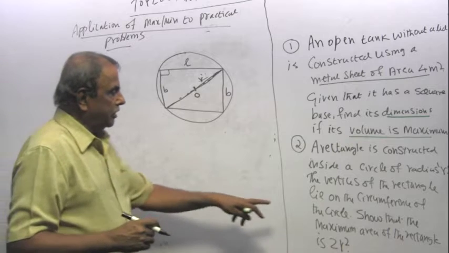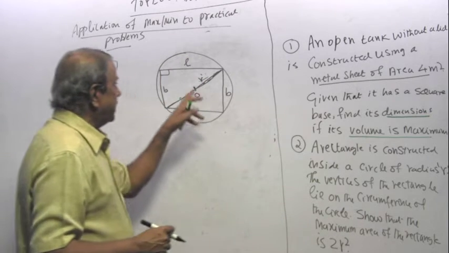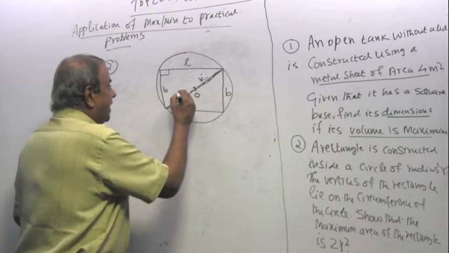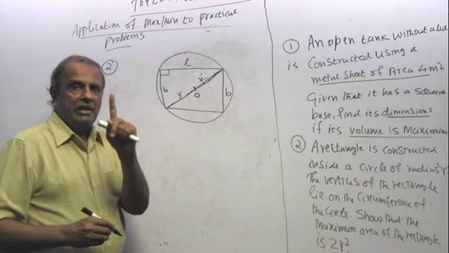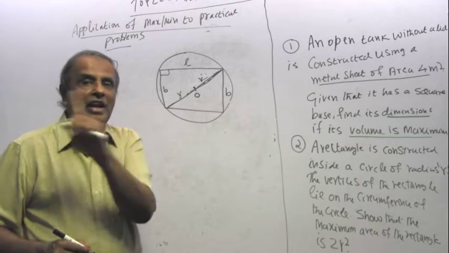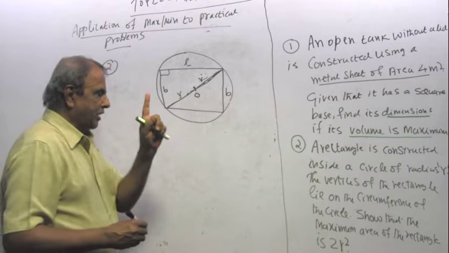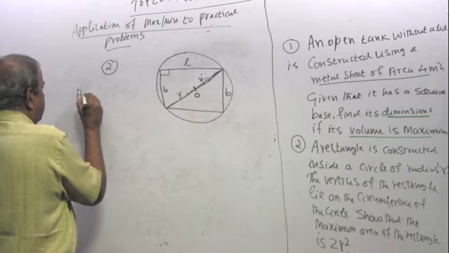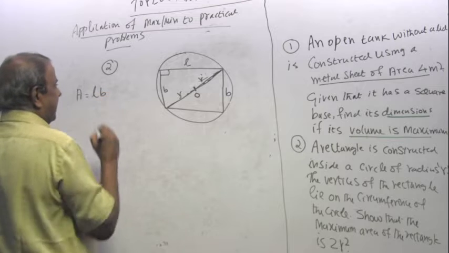What does it want? Show that the maximum. So I have identified the variables L and B. Remember, the radius of the circle is given. That is a constant, not a variable. Very good. So the quantity that should be maximum is the area.